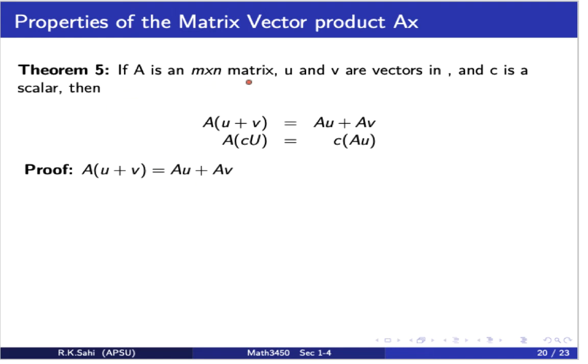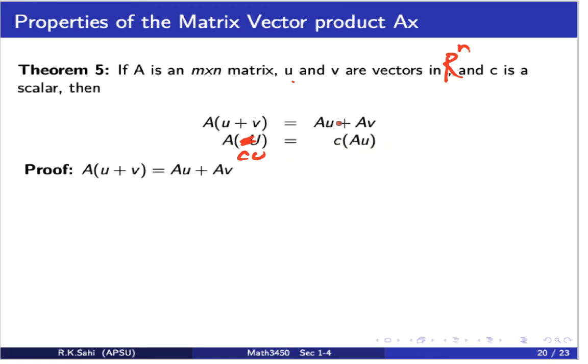If A is an m by n matrix and u and v are vectors in Rn, and c is a scalar, then a matrix multiplied to the sum of two vectors is the same as doing the matrix product of A with u and A with v separately and then adding these two. Or A times cu equals, that's another thing, it's cu, guys, A times cu equals c times Au.